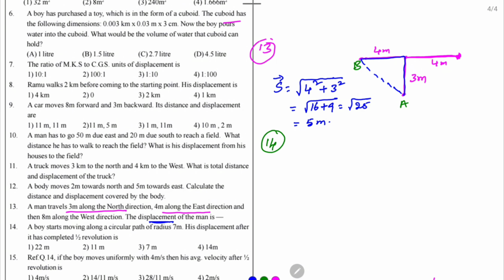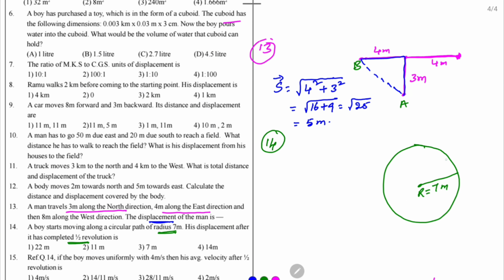Question number 14. A boy starts moving along a circular path of radius 7 meters. His displacement after he has completed half a revolution. See this. So let's assume this is a circular track of radius 7 meters, which is R. He finished half a revolution.